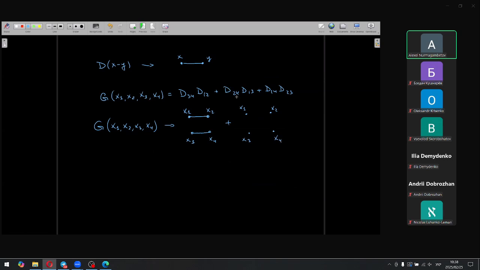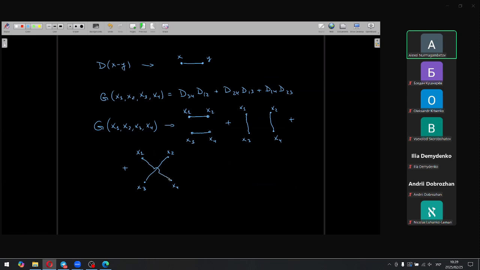Then for the second contribution to the 4-point Green's function, we have the connection of points 1 and 3 and 2 and 4, and plus the rest, a product of 2 propagators: we have to connect points 2 and 3 and points 1 and 4.